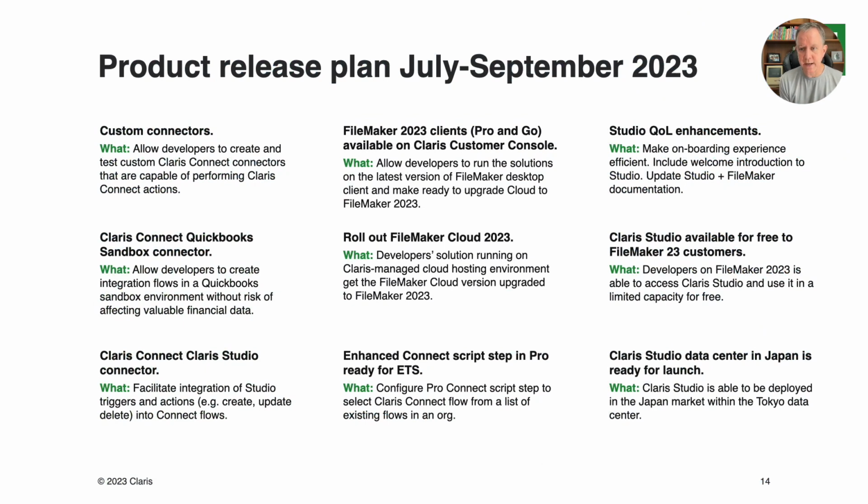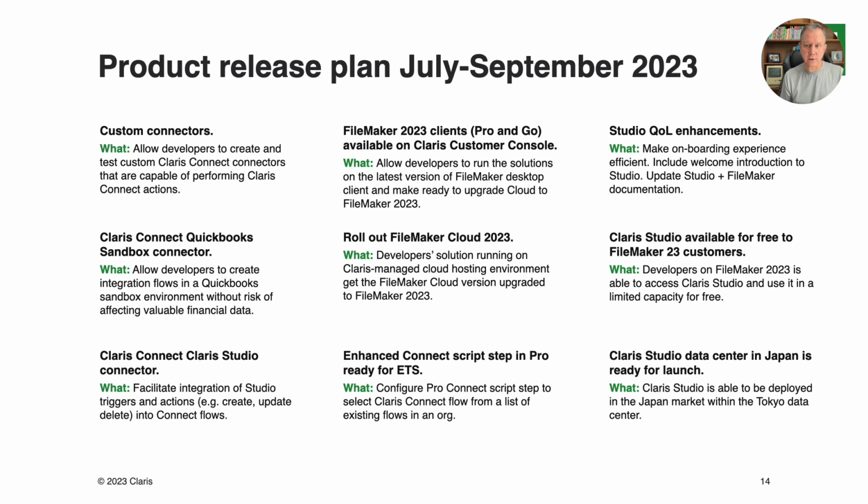And we do have lots of plans for all of the products in the portfolio. On the Connect side, actually, there's a lot of energy there right now. We want to capitalize on that and show our customers who are trying it that we're advancing it. We will have custom connectors available for our customers very soon, so that if you're not satisfied with the dozens of connectors that we have and you want something that we don't, you can build a connector for any RESTful API and essentially integrate anything.